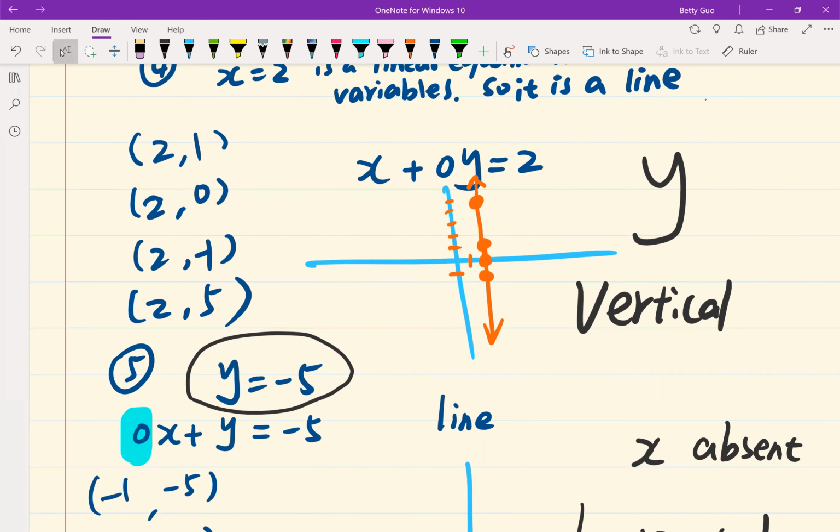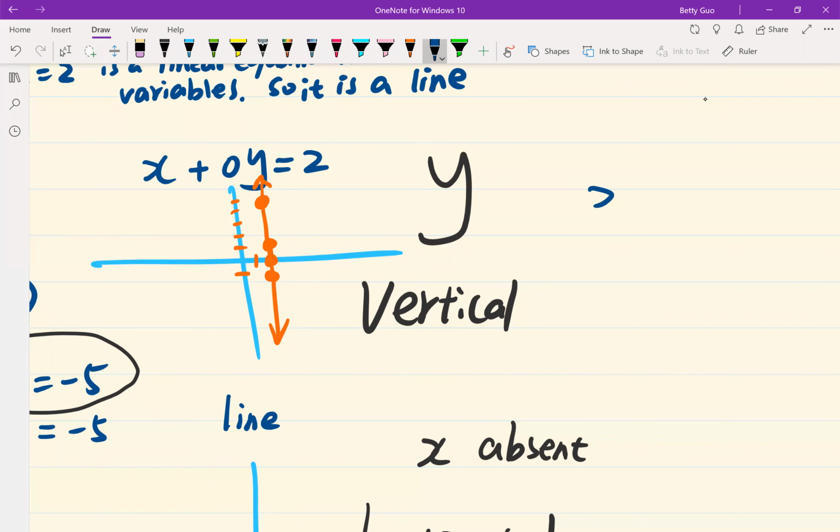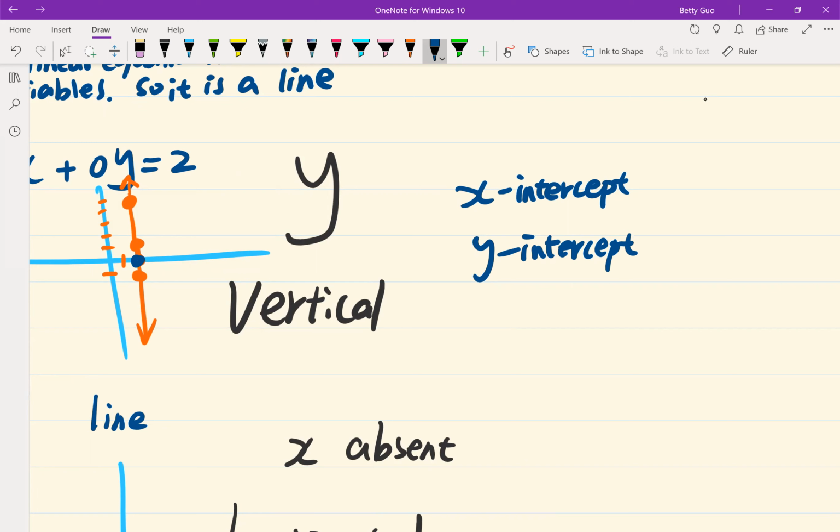For the vertical straight line, could anyone tell me what's the x-intercept? What's the y-intercept? Look at the orange straight line. It is vertical. For the vertical straight line, what's the x-intercept? In this case it is (2, 0), right?